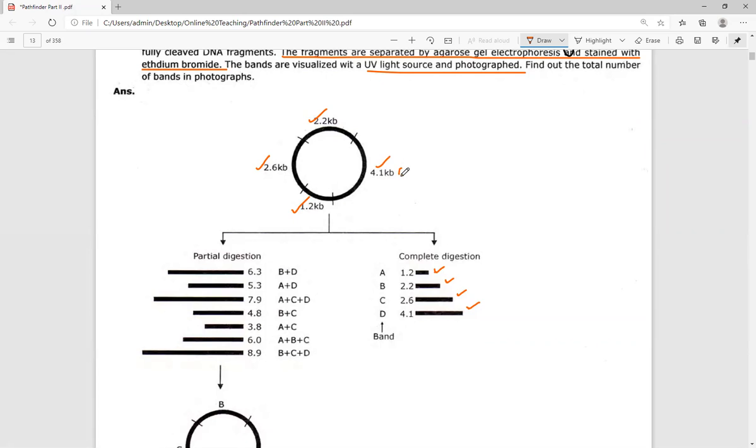Supposing for calculating partial digestion, you just have to name them A, B, C, D. Now make the different types of combinations. Suppose that cleavage occurs at the A and B sites. If the cleavage is going to take place at the A site, B site, C site, or D site, how can the cleavage take place and where? Different combinations have to be made and solved.